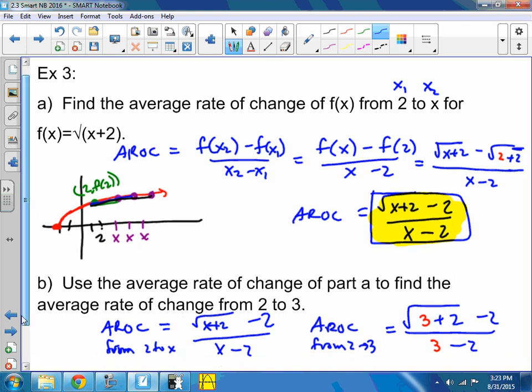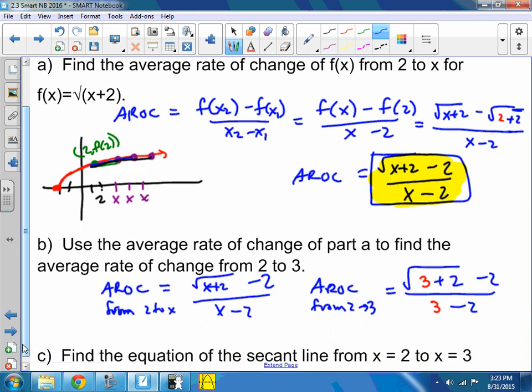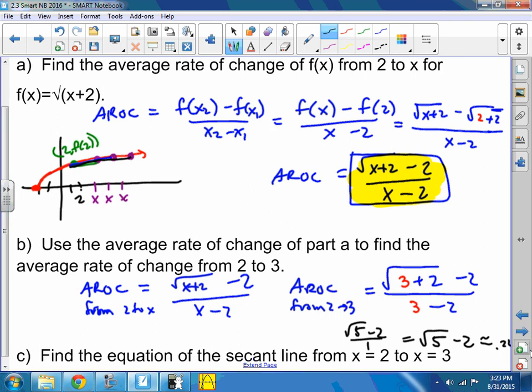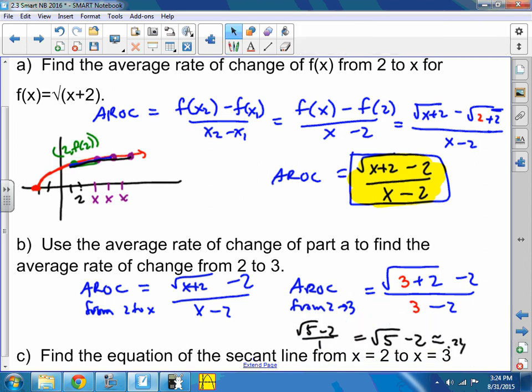So we end up with root 5 minus 2 all over 1. In other words, root 5 minus 2, which really is about 0.24 if you check your calculator. I ran off the screen a little bit there. Okay, move that over. So 0.24 is the approximate slope of that secant line.